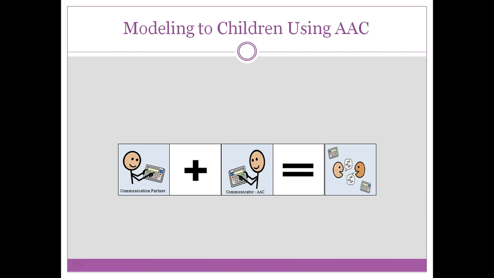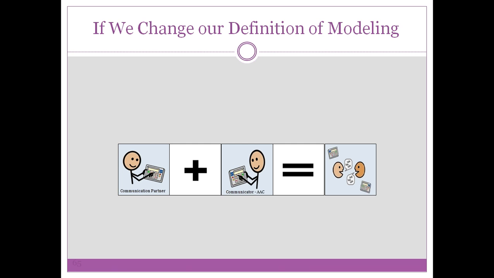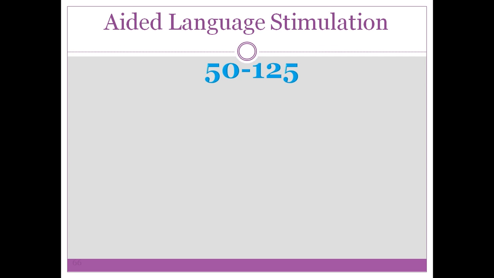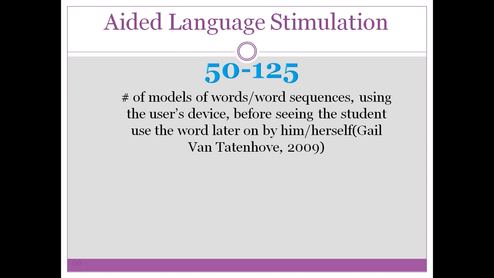So modeling is so important. Those of you who have had kids or been around little kids, when they're learning to talk, you're modeling like crazy. An infant starts saying mommy, mommy, mommy, and we're helping them say that word. But if you try that same thing with somebody using an AAC device, saying, mommy, say mommy, and they have the device, that's not computing.